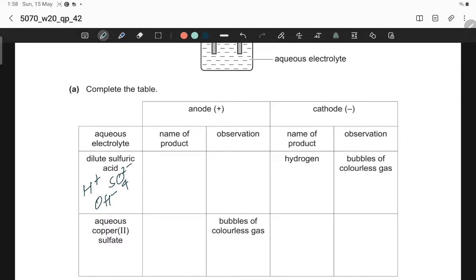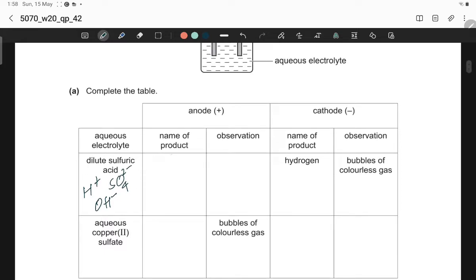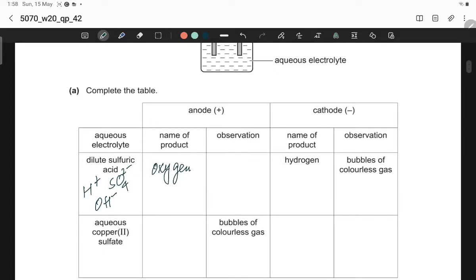So, name of the product: at the anode, OH ions discharge to form oxygen gas. The observation at the anode will be bubbles of colorless gas, because oxygen is a colorless gas.